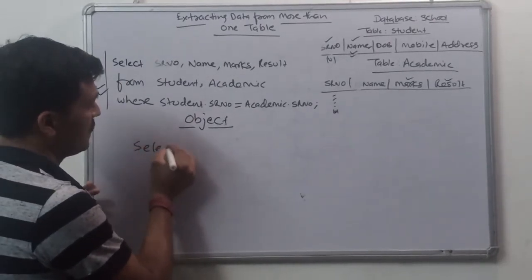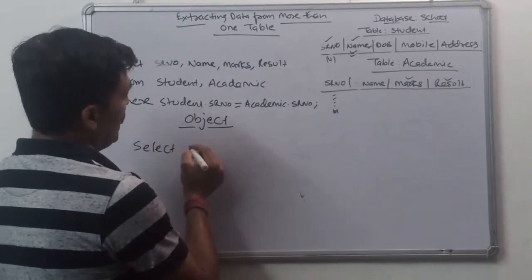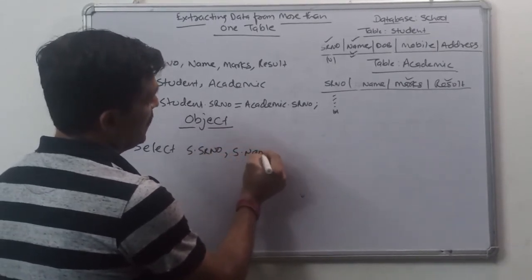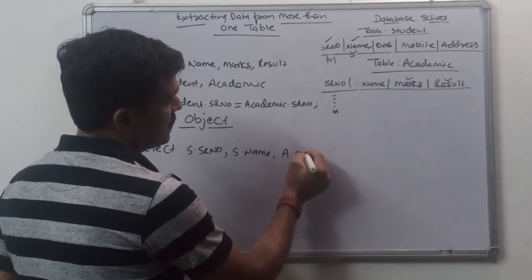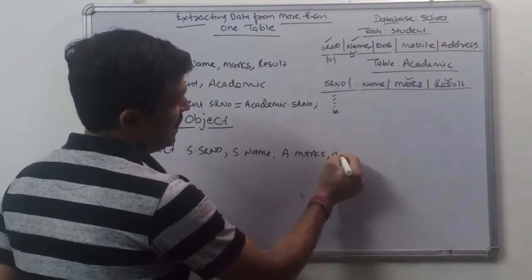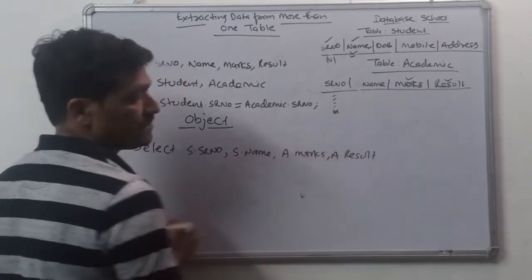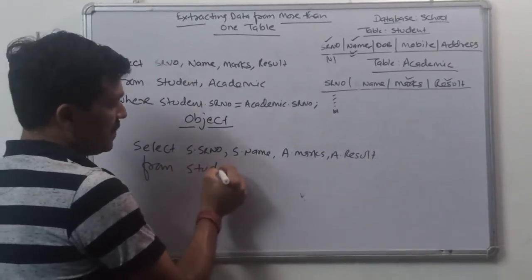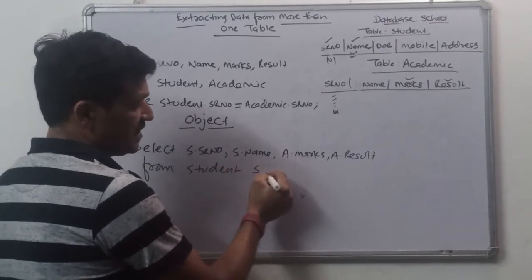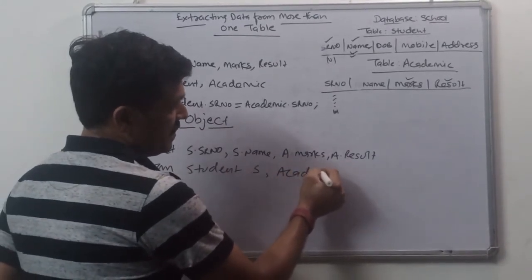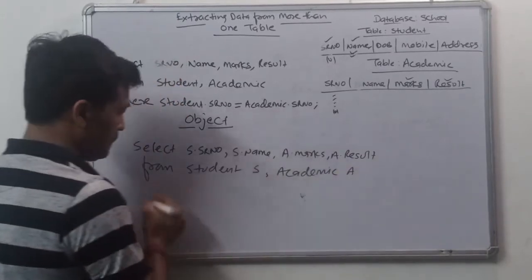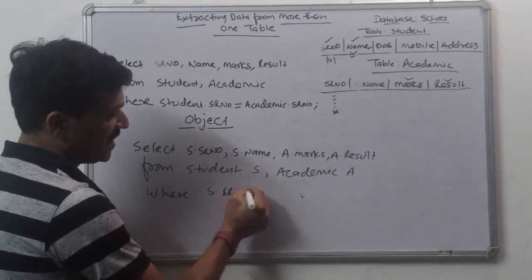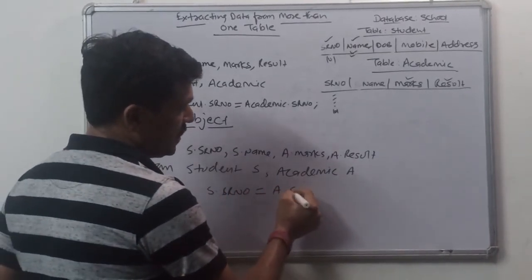Select, suppose, S dot SR number, S dot name, A dot marks, A dot result from student S, comma, academic A, where S dot SR number equals to A dot SR number.